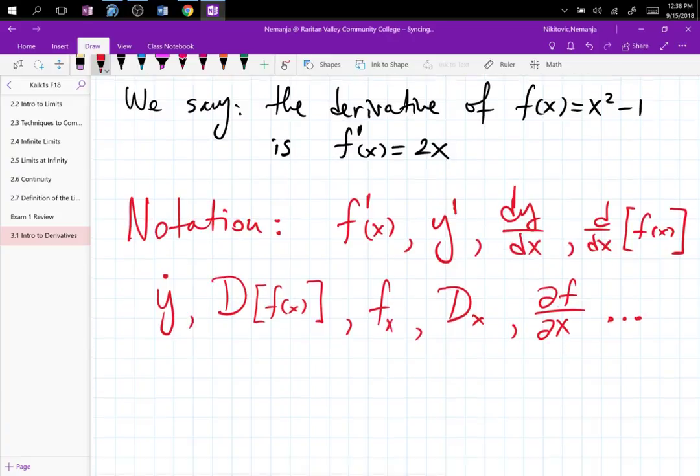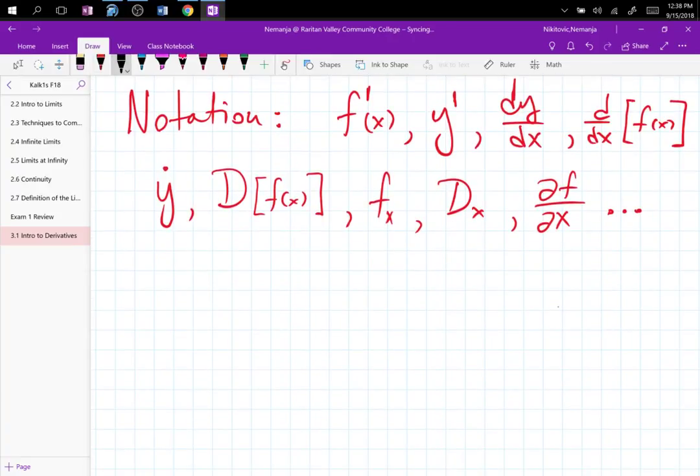So now, digging through this notation, I will say that f of x is equal to x squared minus 1, where f prime of x is equal to 2x. This is a full notation. Do not play with fire to write f of x equal to 2x, because it's not.